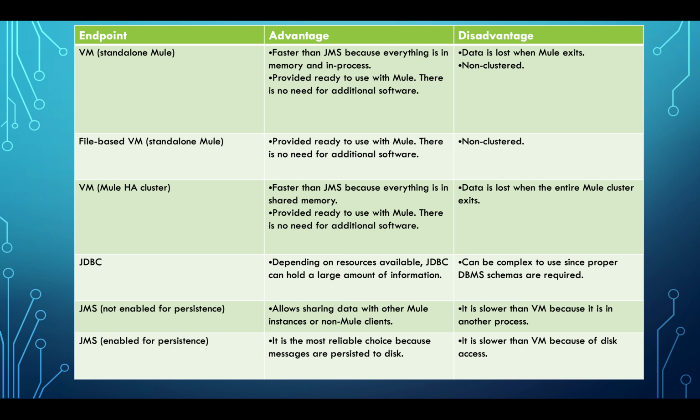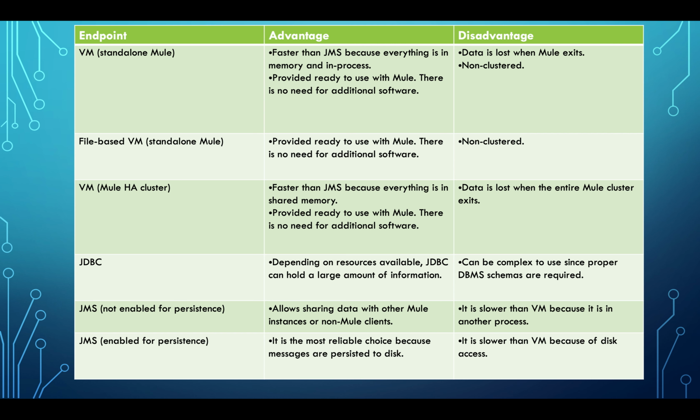So this is a brief comparison between the available endpoints and their advantages and disadvantages. As we have already discussed, VM in memory is very fast in nature as compared to JMS, because JMS is provided by a third party as an extra, or you can say out-of-the-box functionality.